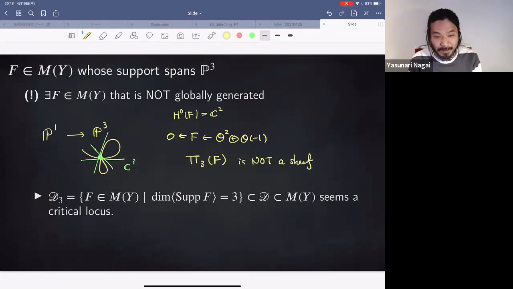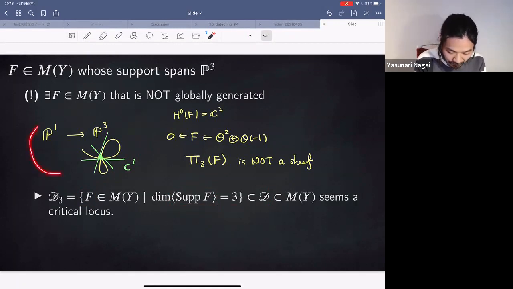So this means that it is not the right thing to do to look at the moduli space of sheaves on Y. Then we realized that actually the sublocus of the divisor D is the critical locus. That means the locus of sheaves whose support, the linear span of the support, is only three-dimensional.